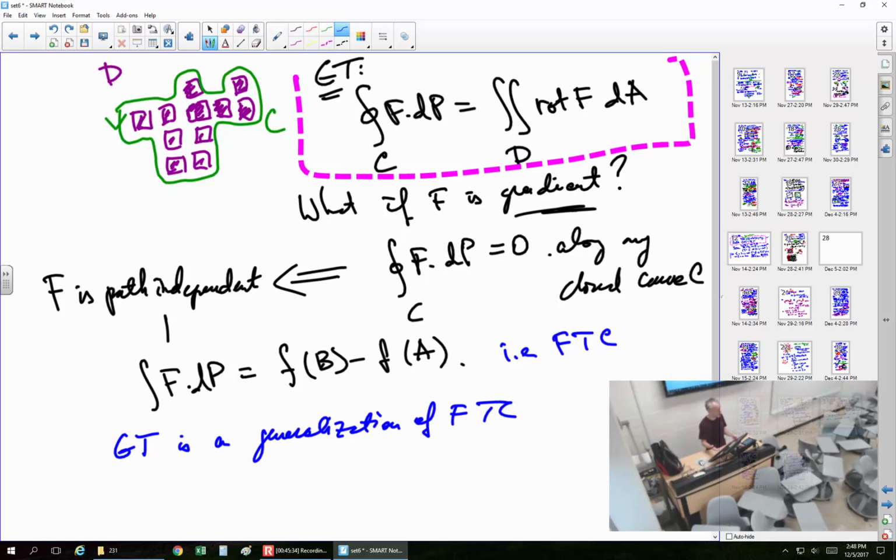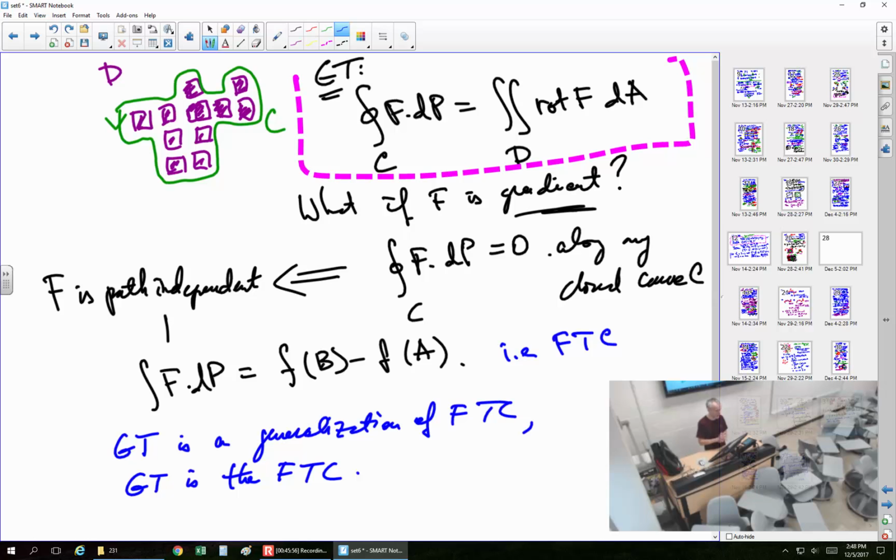Remember in the beginning I said that the fundamental theorem we saw was a preliminary version. Well, it was. Now this is the actual version. Green's theorem is the actual fundamental theorem.